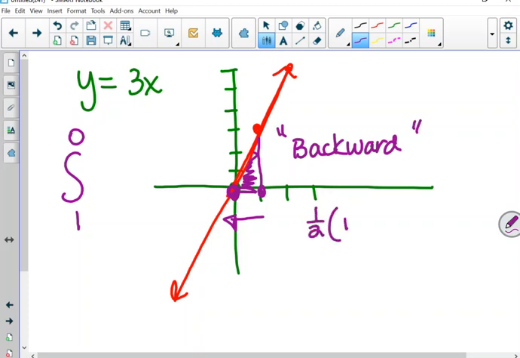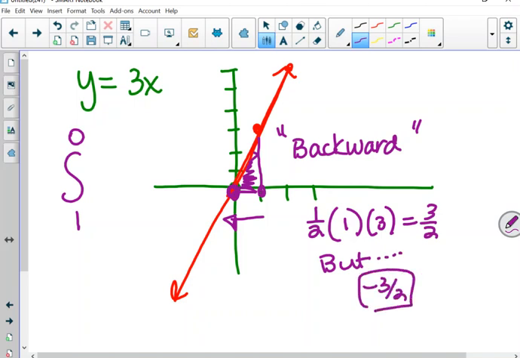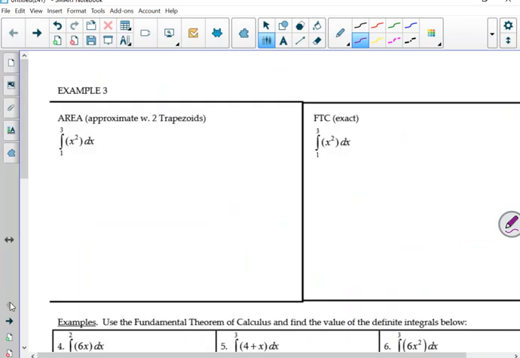And so when I calculated, I would get 3/2. But it was a backward one. Backward and above made it negative. It's a lot of thinking after you calculate the value. Not that that's bad, but it can definitely get confusing.